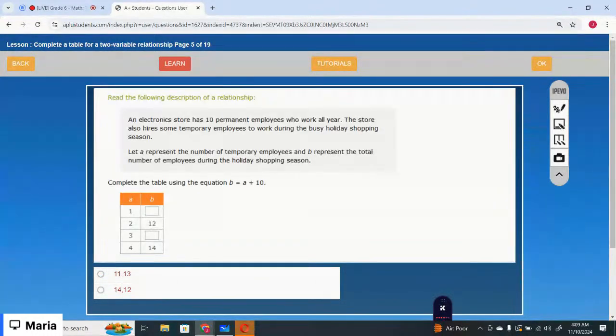Complete the table using the equation b equals a plus 10. So which is the correct option?